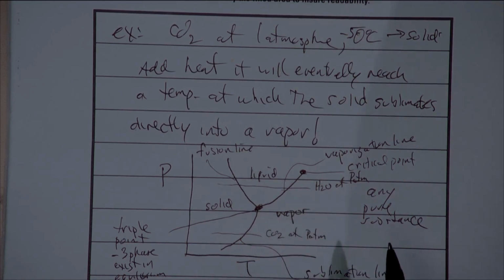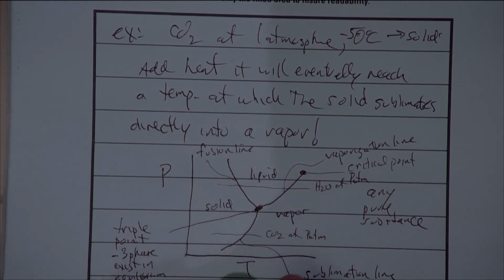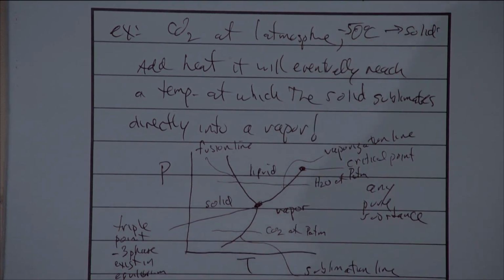Right? So there's data for a lot of these different points. For instance, if you go into table A1 of your textbook, it gives you data for the critical point. And by the way, there's also table A1E, which would be the English units.